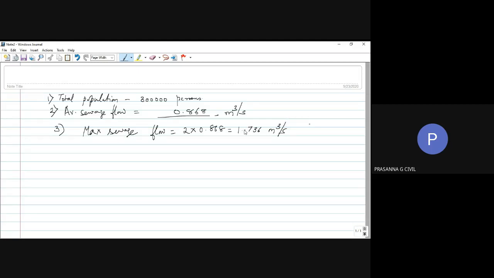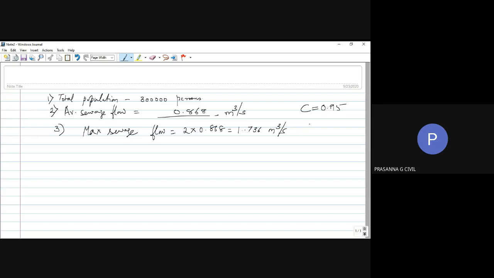Intensity is given anyway, 15 mm. I think C should be 1. No, ma'am, 1 we will never take. Remember I told you something to keep in mind. For heavily built up, very impervious roof, how much was the value?